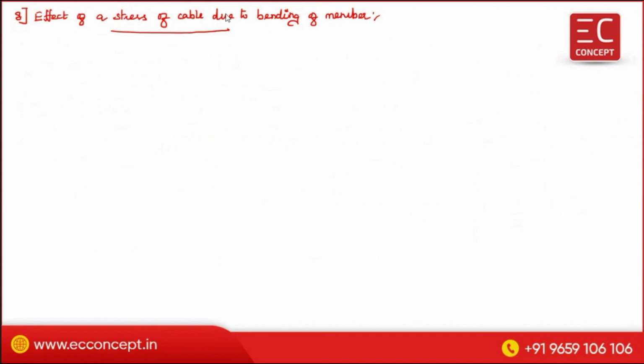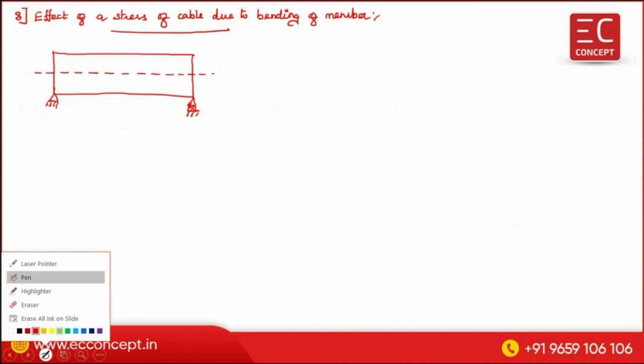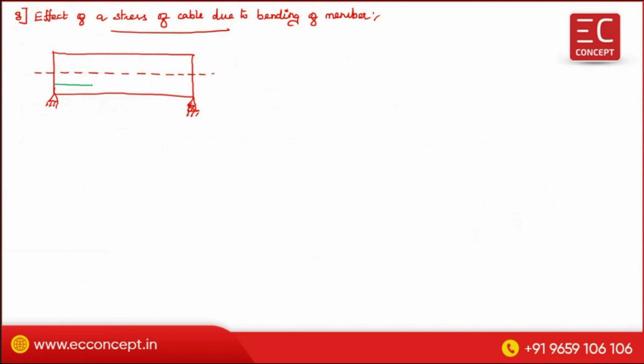First one is, in a pre-stressing member, this is the steel bar, which is subjected to force P, and here also subjected to force P. This is the eccentricity.